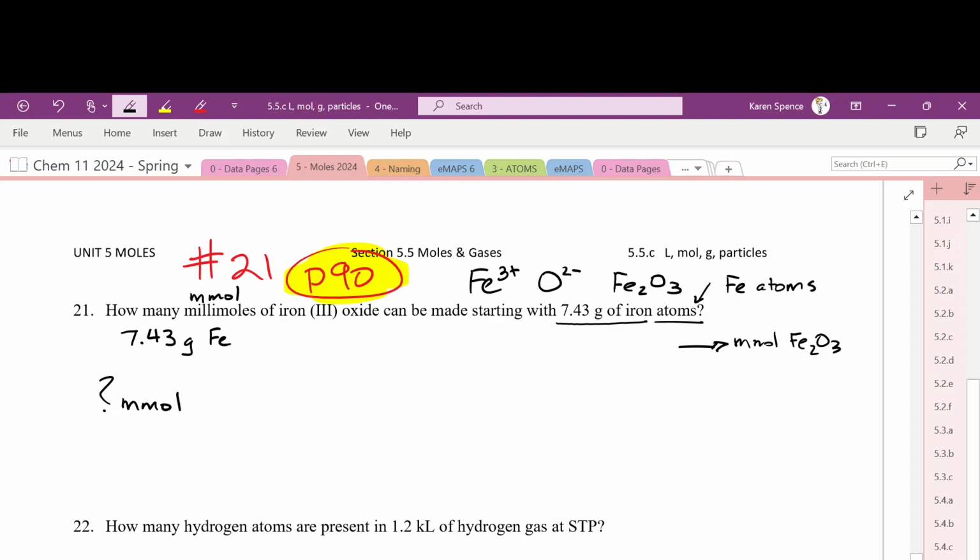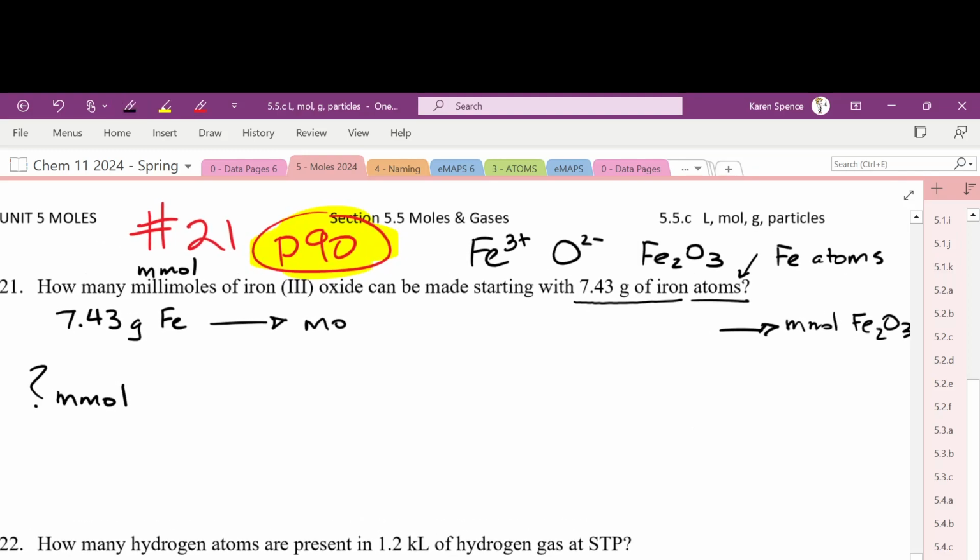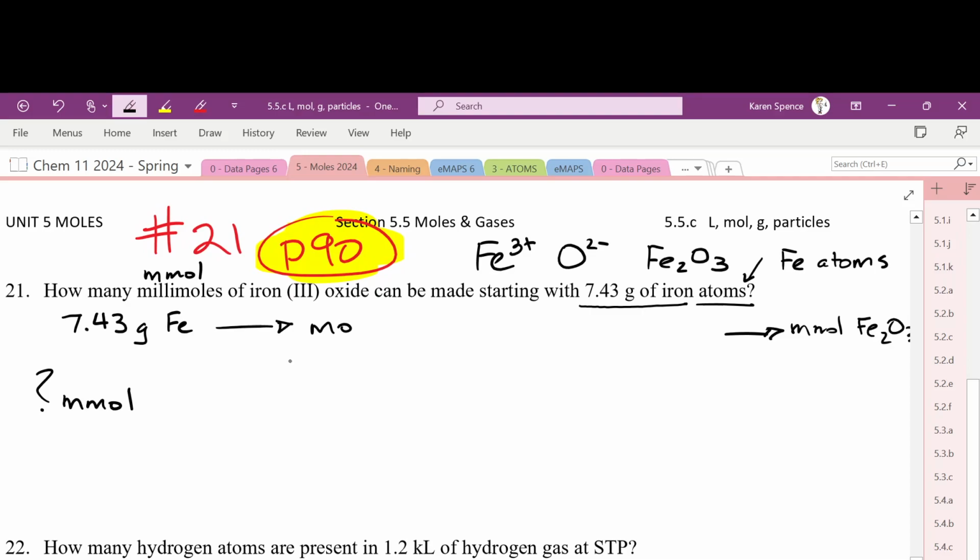Now, what can we convert grams into? Grams can be converted into moles. So grams of Fe can convert to moles of what? It can only convert to moles of Fe.